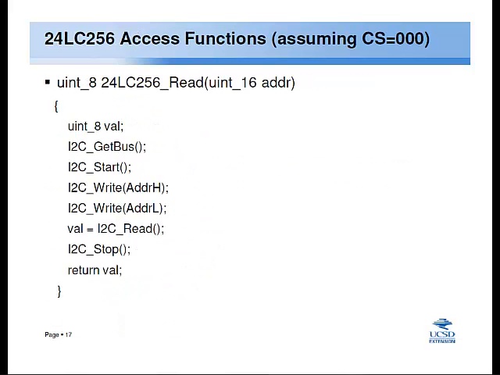When you put an EEPROM chip with chip select all zeros, then in your C source file you can operate it using these assembly routines: get bus, start, write, read, then stop, and then return the value.